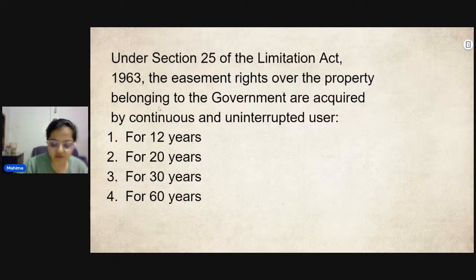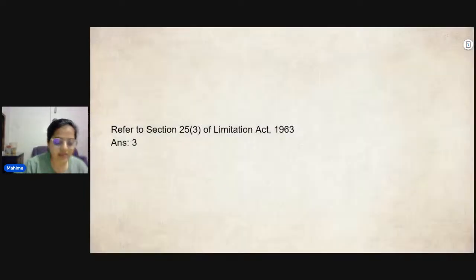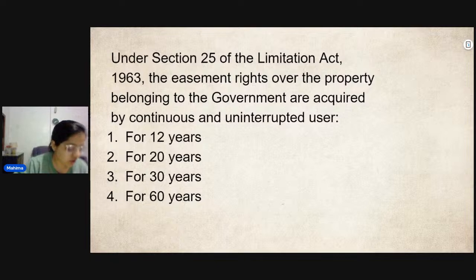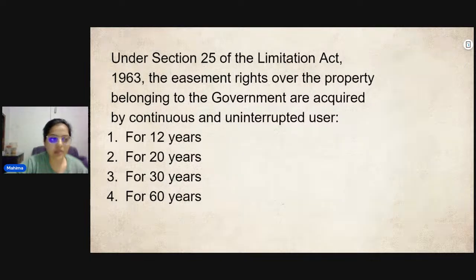Everyone is saying 3. Yes, it is 3, under clause 3 of section 25, belonging to the government, I asked. So it is 3 and not 20.